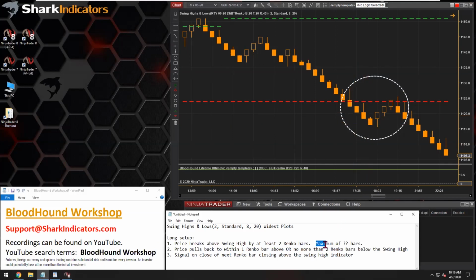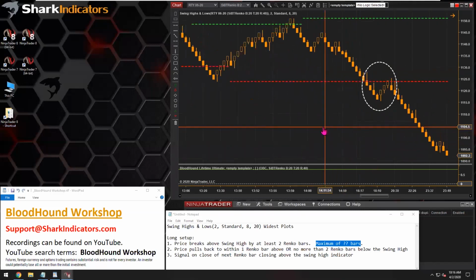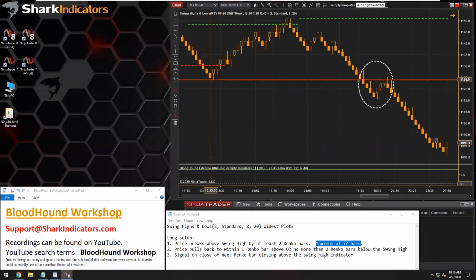And also what's missing here is a maximum number of bars, right? So there needs to be some kind of maximum number of bars here as well. You need to set some kind of limit here, because really, if you get a swing low, how long is it still acceptable for price to just consolidate around before it breaks it?